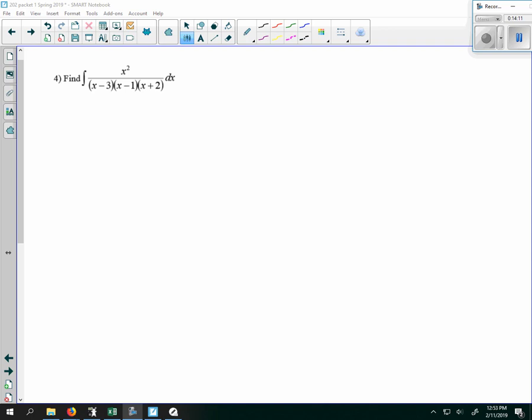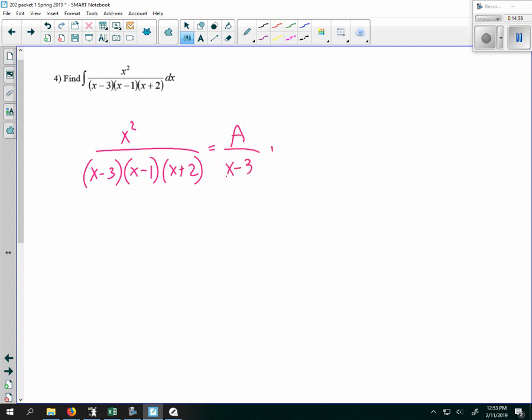Okay, last problem in the activities. The integral of x squared over x minus 3 times x minus 1 times x plus 2. We start by just working on the partial fraction decomposition. No integrals at all. Just trying to rewrite this fraction as a partial fraction decomposition. I have 3 unique linear factors, so it's just going to be a constant over each one.